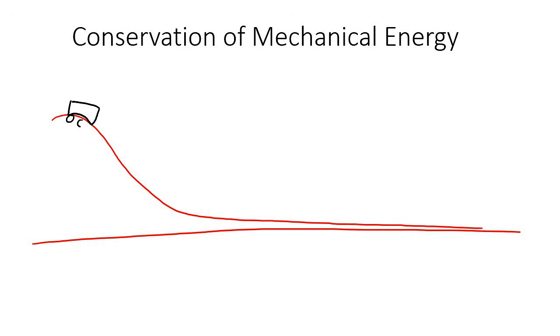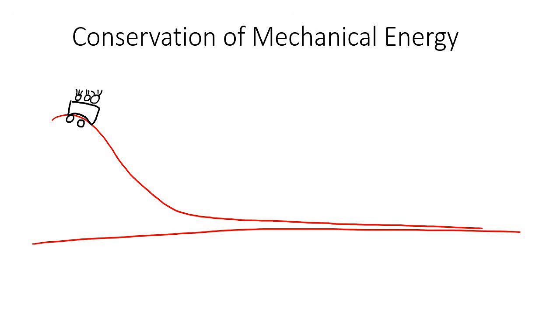There's people inside the roller coaster, and there's their hair. Woohoo! And they're about to go down. Now this object, which is the roller coaster and all of the people, has energy.